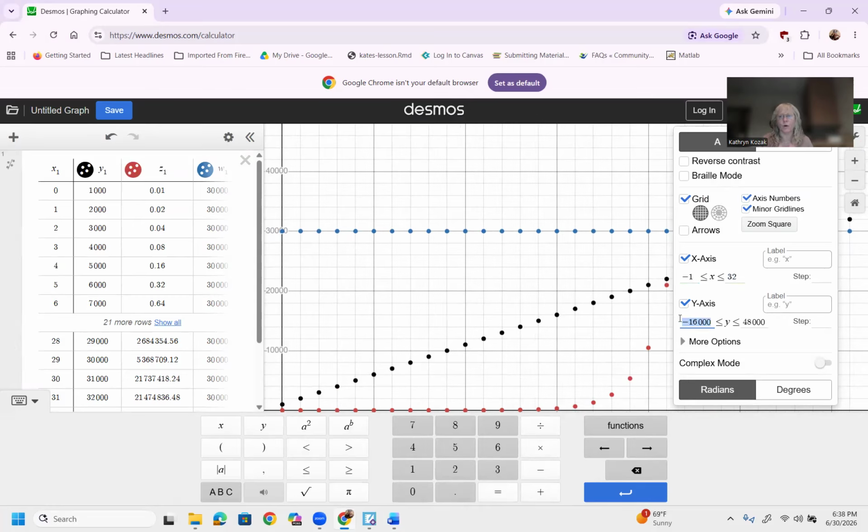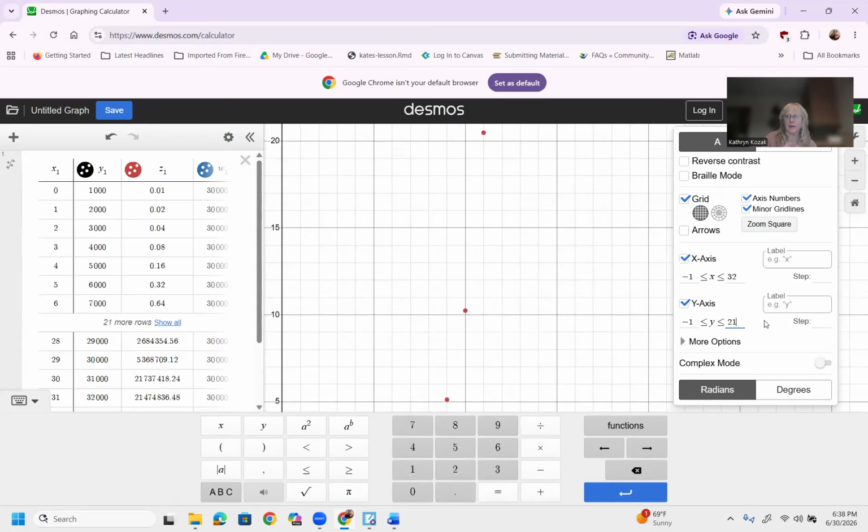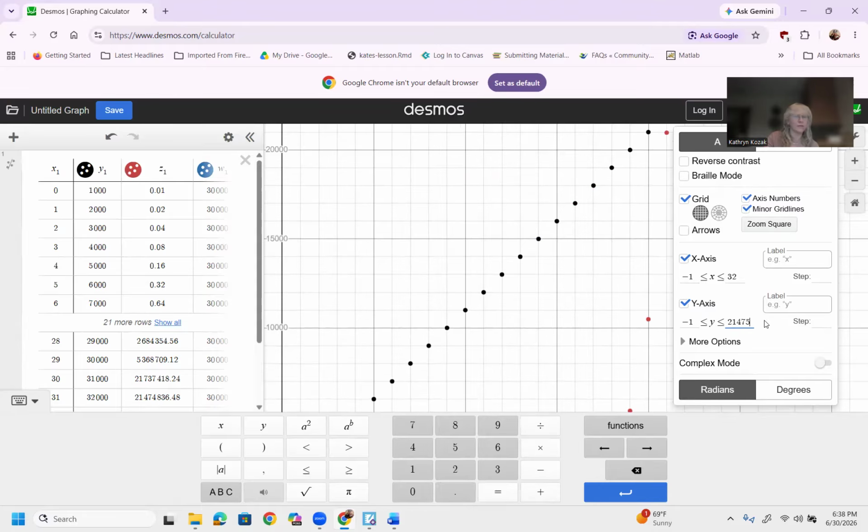And then my y, looking at my practical ranges, should go from 0. Again, I go just slightly less than that just so I can see the axis. I'm going to go all the way up to 20 million. In fact, we're going to do 20 million, 475,000. 20,475,000.